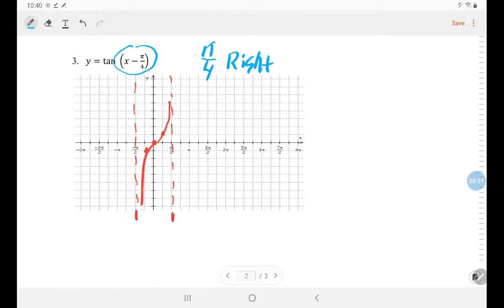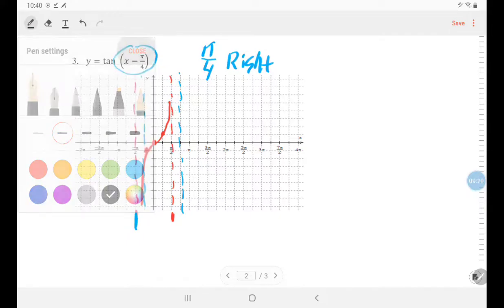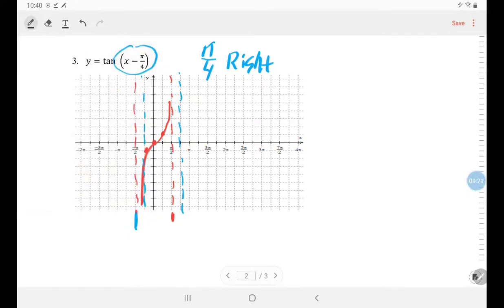So this asymptote right here is going to shift pi over 4, or one little grid to the right. This asymptote likewise will shift to the right. So where we had talked about our vertical shift and our amplitude not changing the asymptotes, they definitely change here.